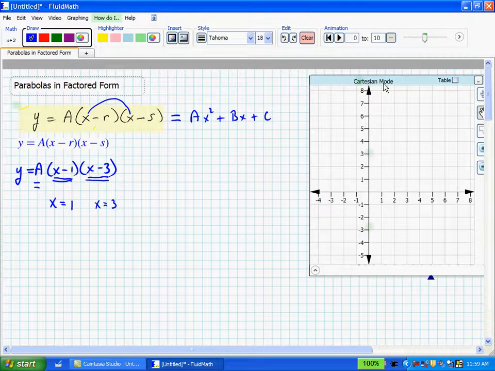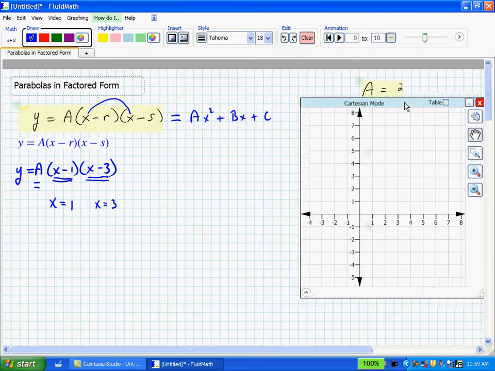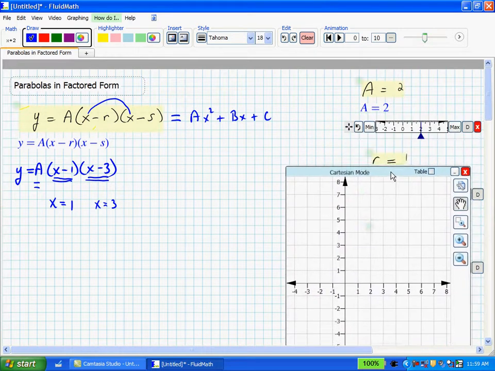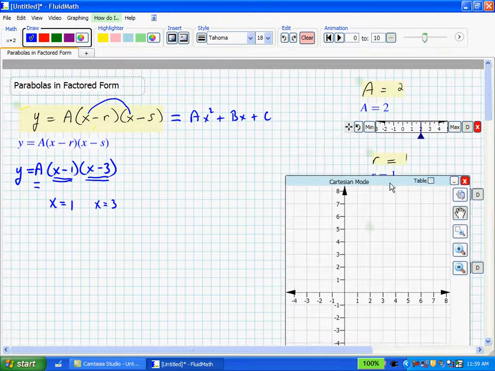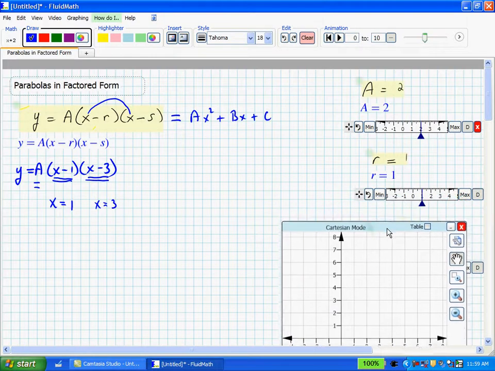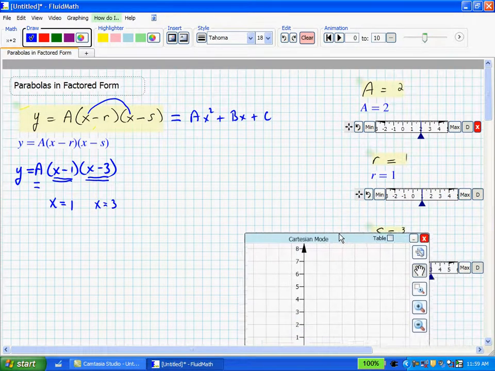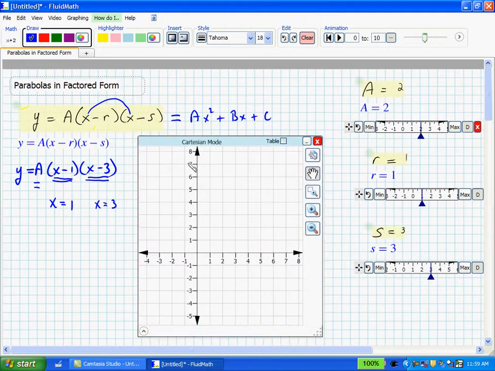And now let's look quickly and say, well, let's let a equal 2, and let's let r, the first root, be 1, and the second root be 3. So it's basically what we had before, except we know the shape this time is 2.